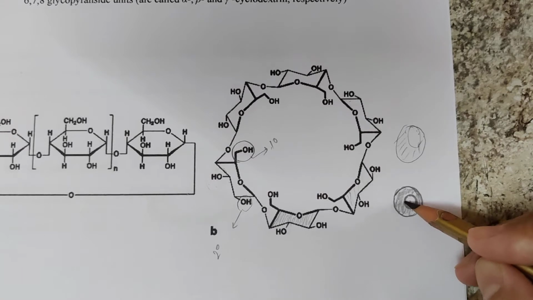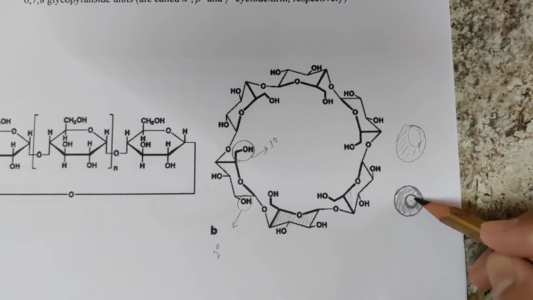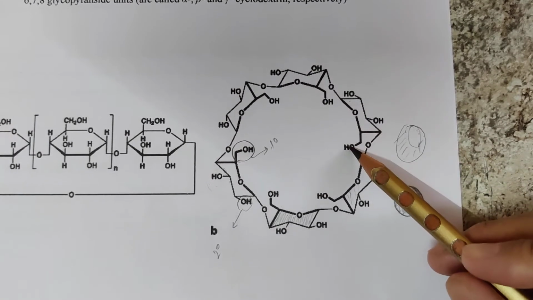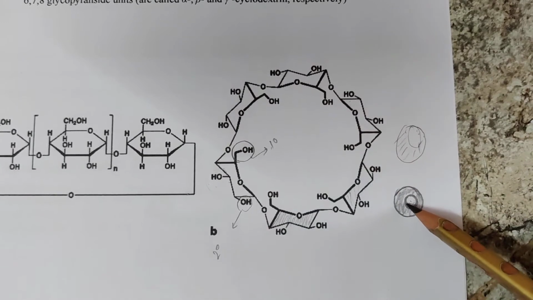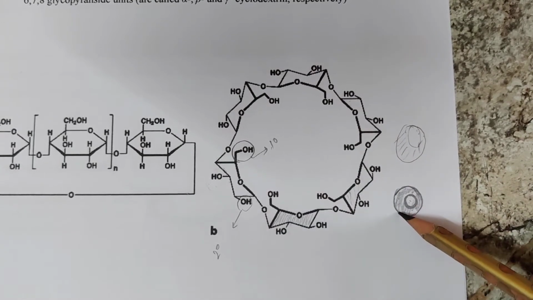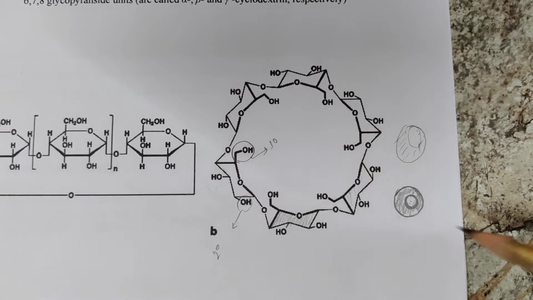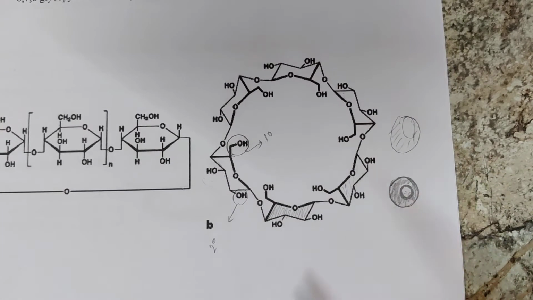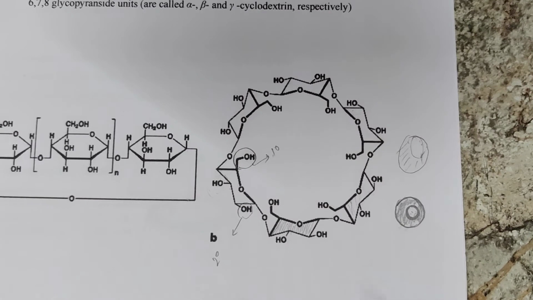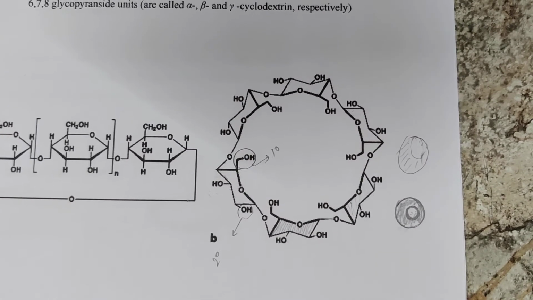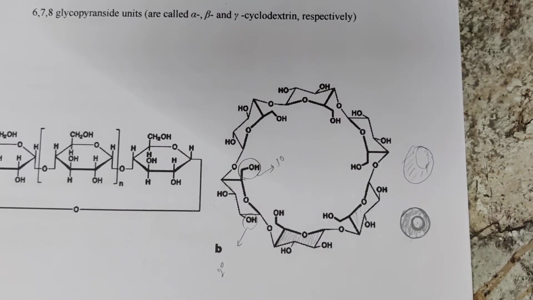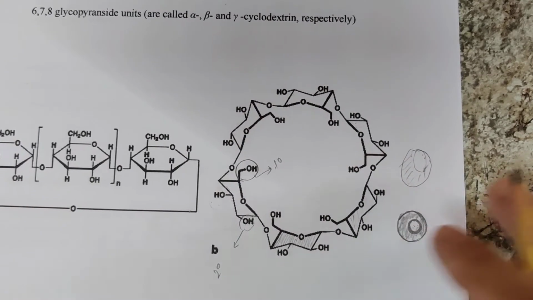So the smaller circumference has primary alcohol groups attached to it, and the bigger circumference has secondary alcohols attached to it, and the surface doesn't have any of these polar groups, or by polar what I mean is any hydroxy group.